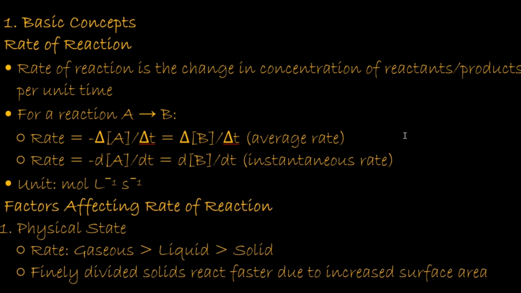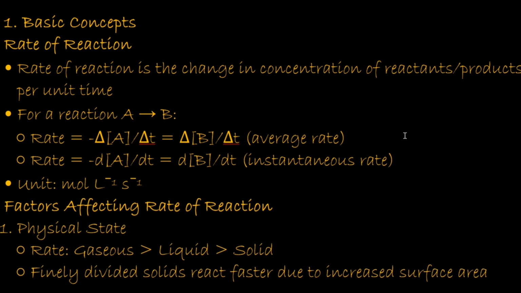So the rate of the reaction is the change in concentration of reactants or products per unit time. For example, A is giving B. Upon varying the concentration of A, will that affect the formation of B or not? That is what this kinetics chapter is all about.